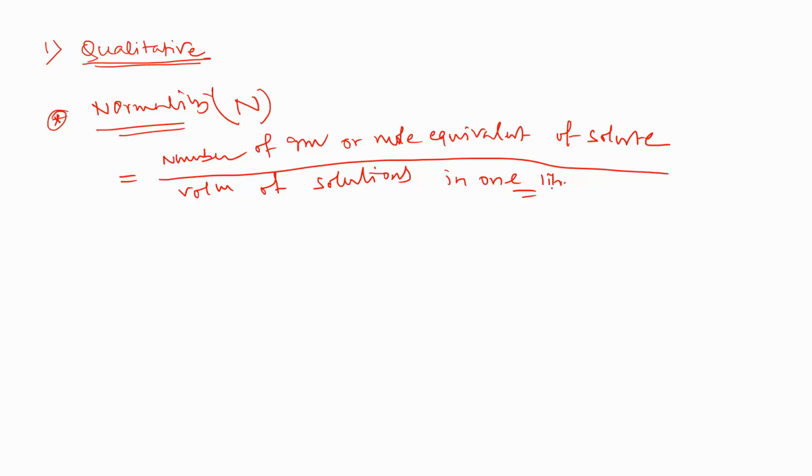That is the difference between normality and molarity. In the normality case, the amount of the solute is described by the gram or the mole equivalent, but in the molarity case, it is described by the mole.